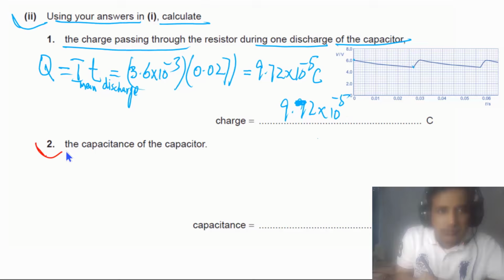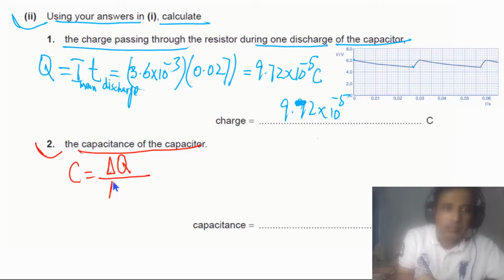For the second part, we need to calculate the capacitance of the capacitor. Capacitance is equal to delta Q, the amount of charge passing through the capacitor, divided by the change in voltage.